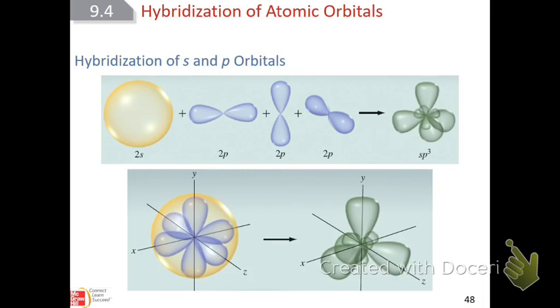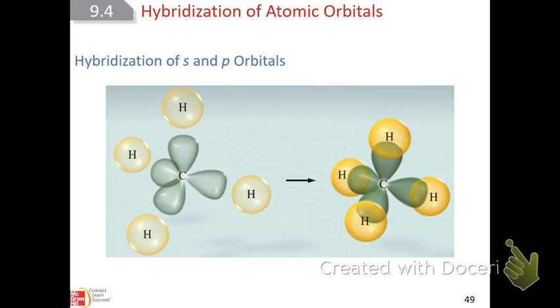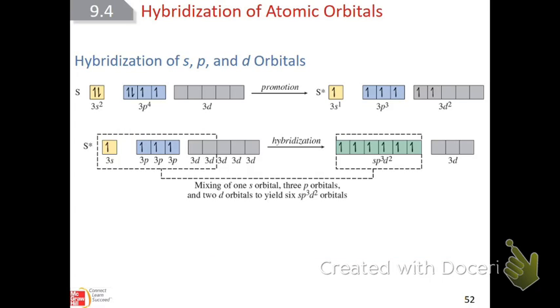Here you have s's and some p's. And again, it talks about how this is going to happen and what the overall shape is and how it's going to be mixed together. 1 s and 3 p's and 2 d's. So here you have some d's involved in this particular hybridized scenario.